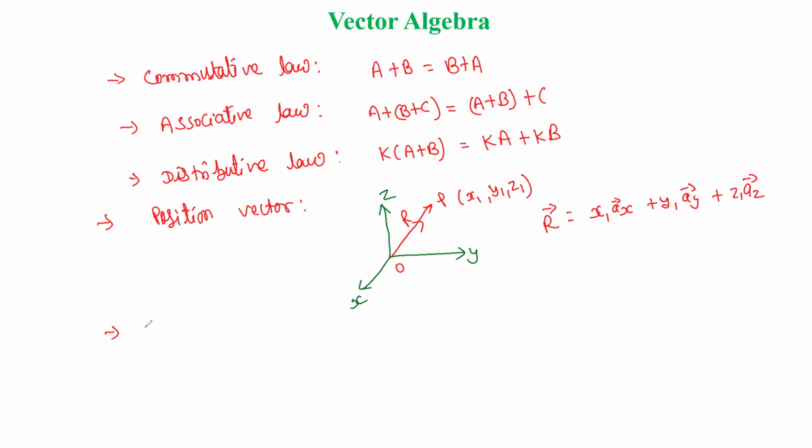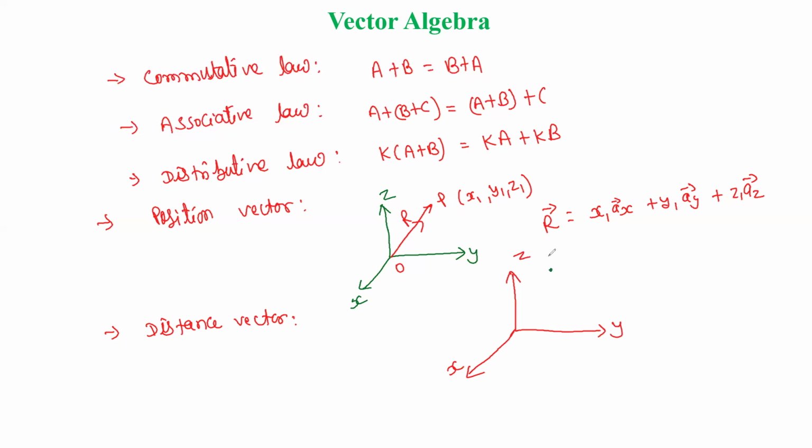Similarly, we have another term we call the distance vector. With the distance vector, we wish to find the distance between two positions. These positions are represented with the help of vectors only. Now suppose we consider two points here.